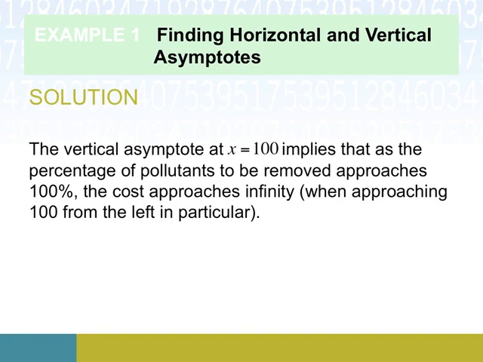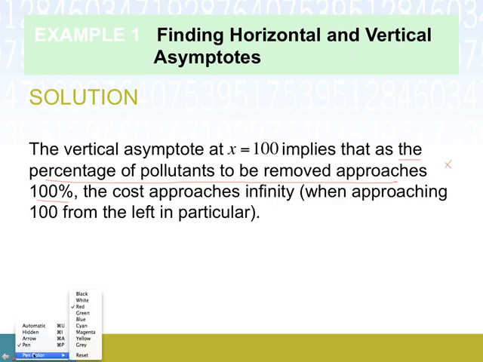Vertical asymptote, on the other hand, at x equals 100, means that as the percentage of pollutants removed, that's our x value, approaches 100%, we could say from the left, which makes the most sense in this application, the result is that the cost approaches infinity.